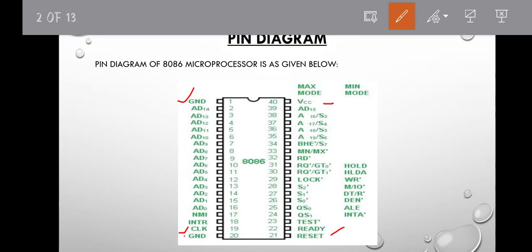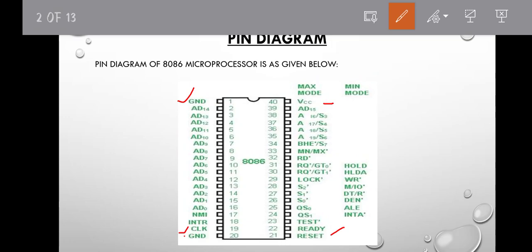This is the first step. In the first step we have to remember 4 out of 40 pins.